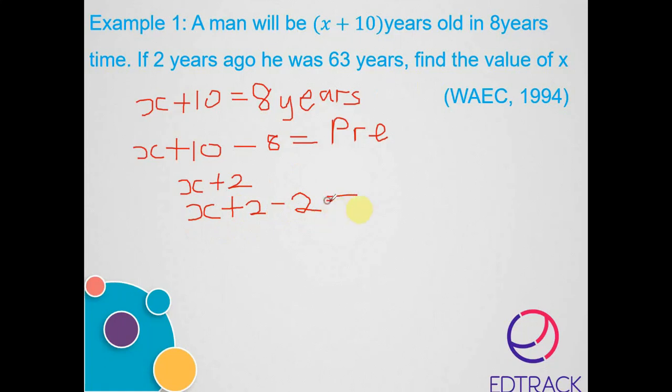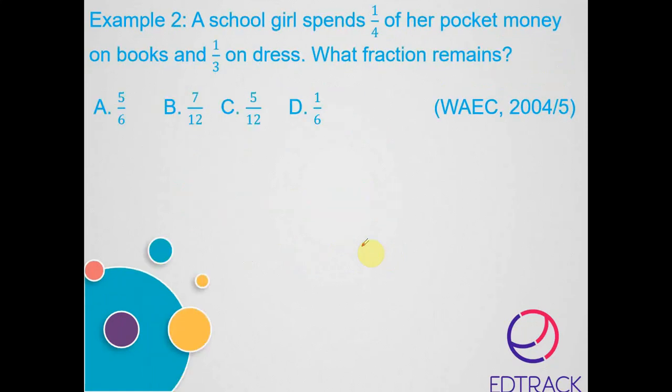The age is 63. If you solve this equation, 2 minus 2 gives 0, so the value of x is equal to 63. I hope you get that right. If so, let's move on to the next question.